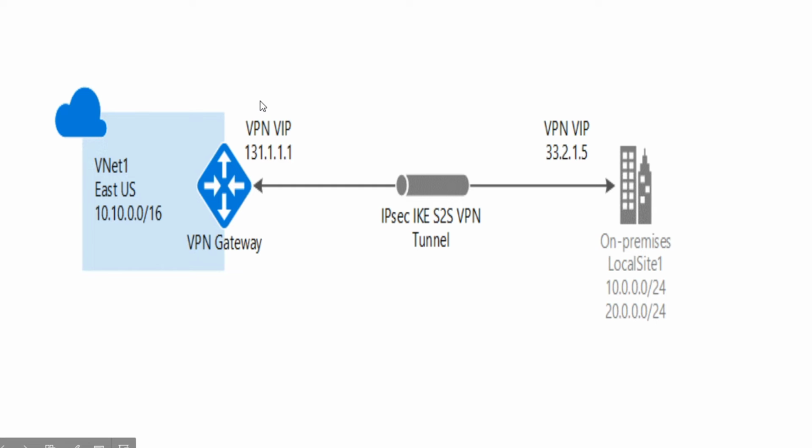So this is the diagram of a site to site VPN connection. Here is one environment, virtual network VNet1 in the East US region, with its private IP address, and this is the VPN gateway which we have created on this VNet, and it has a public IP address. From here we have established a tunnel from the on-premise environment.